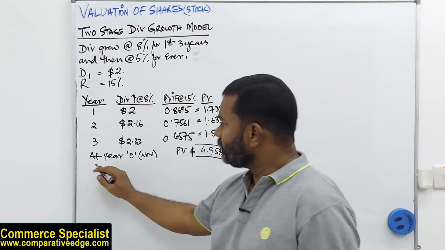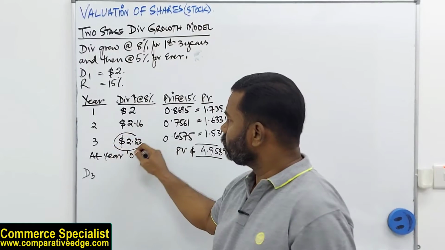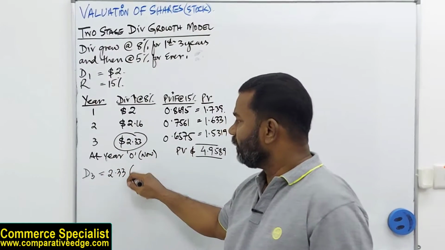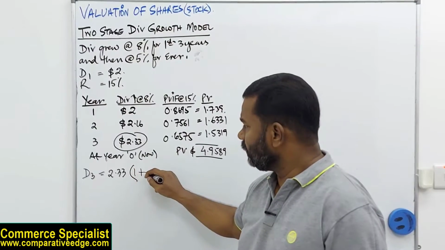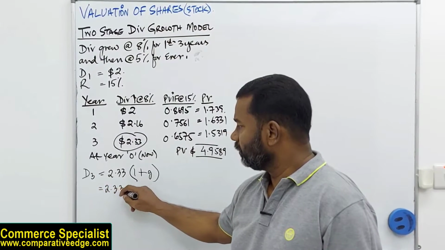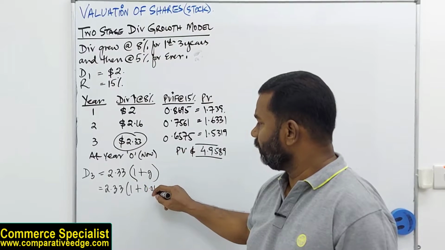So what we can do is, we can take the dividend at year 3, which is 2.33, and we can multiply it by 1 plus g, which is the growth rate. So 2.33 into 1 plus growth rate, 5%, which is 0.05.